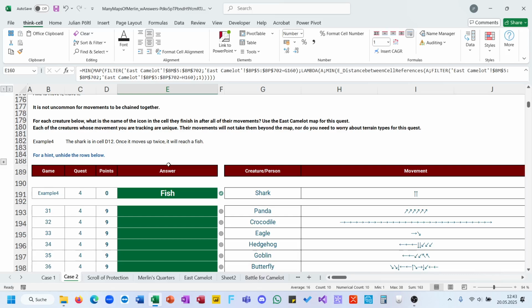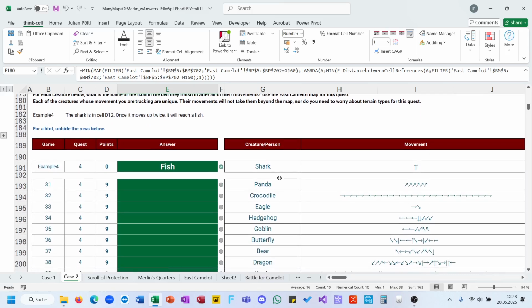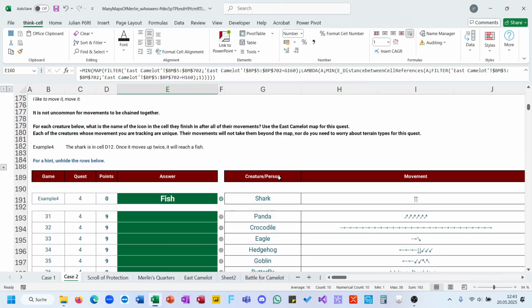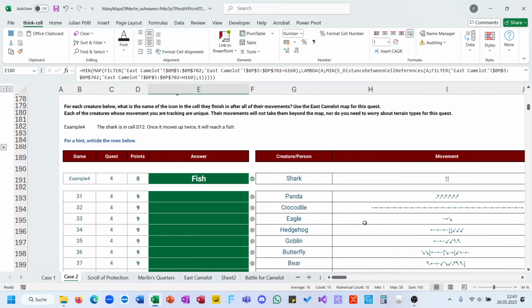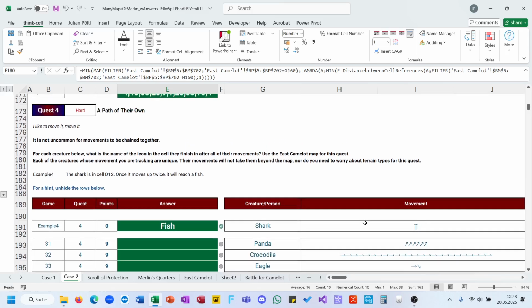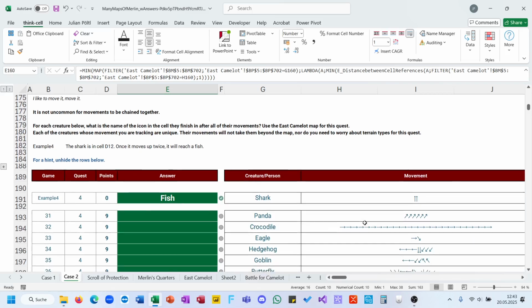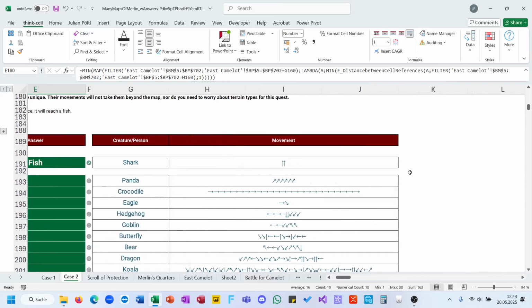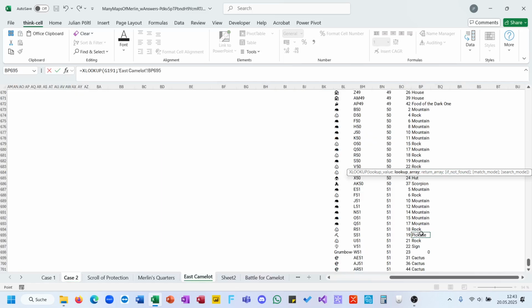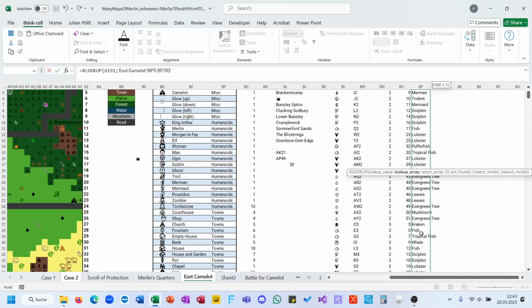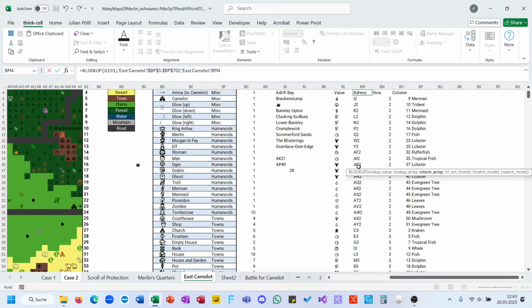Currently very hard. Okay. Movements are chained together. Okay. Okay, I think this is then unique XLOOKUP for the shark in here, returning the address.